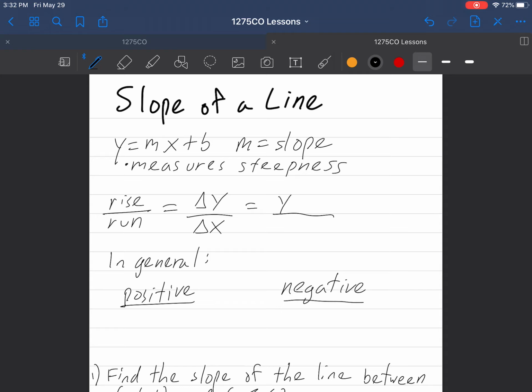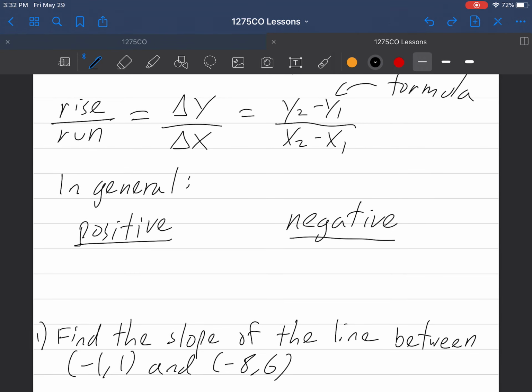But the most useful thing that you might see the slope of a line referred to is the formula, which is y2 minus y1 over x2 minus x1. These all mean the same thing, change in y over the change in the values of x. In general, the slope of a line comes in two different flavors. One of them is positive, the other one is negative.